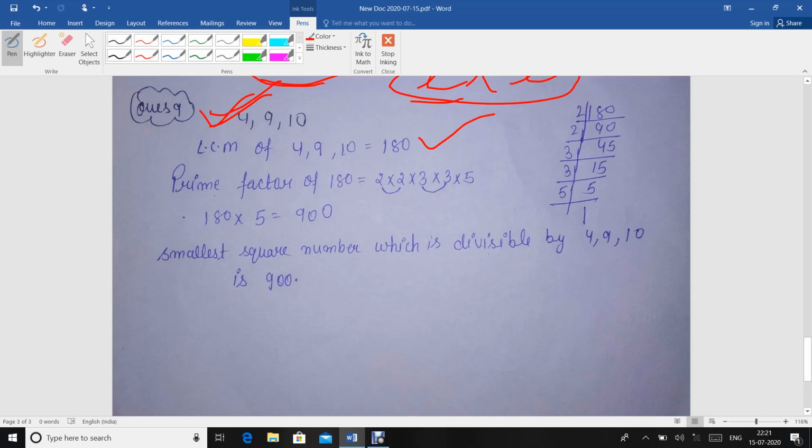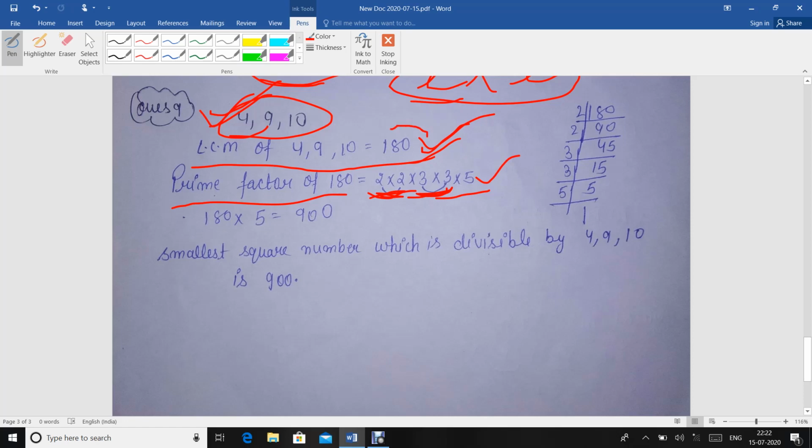Now we have to find the number that is divisible by all these numbers. To find it, firstly we found the LCM. Now you have to do the prime factorization of 180. So the prime factors of 180 are 2 multiplied by 2, multiplied by 3, multiplied by 3, multiplied by 5. As you can see, these 2's are making a pair, also these 3's are making a pair, but this 5 is not making any pair.